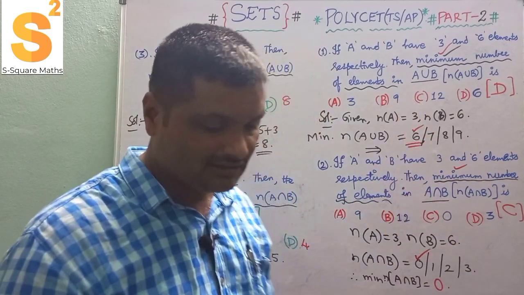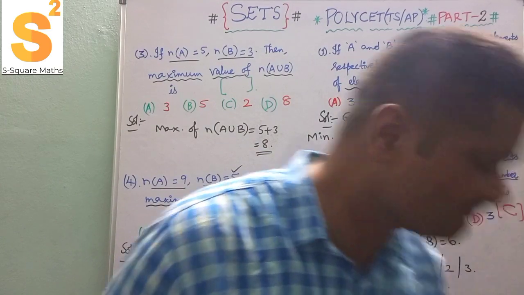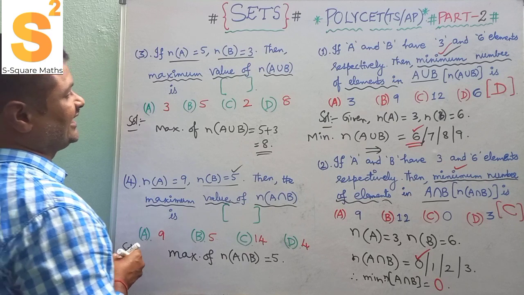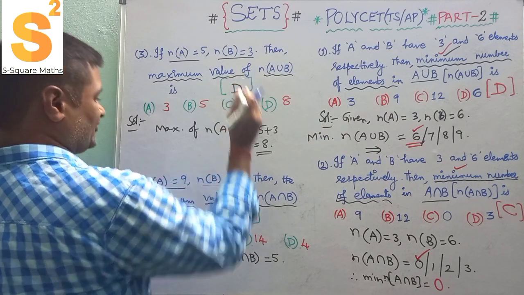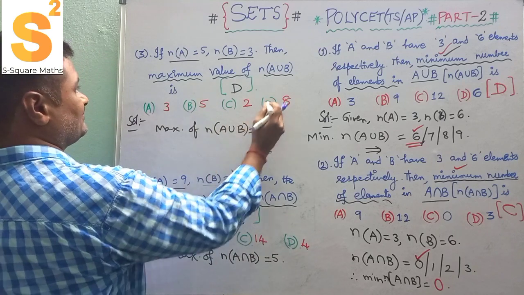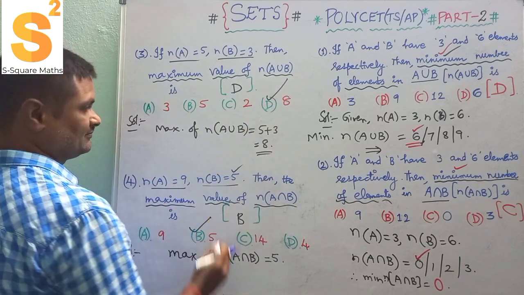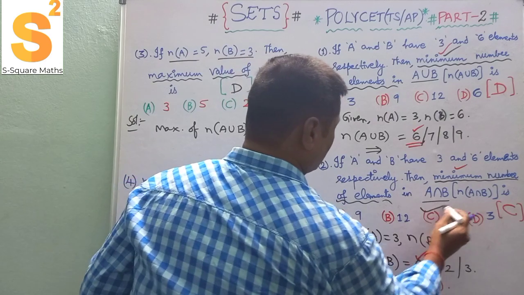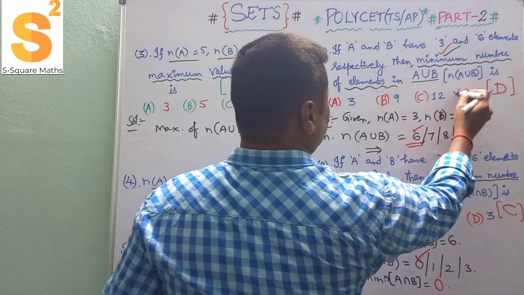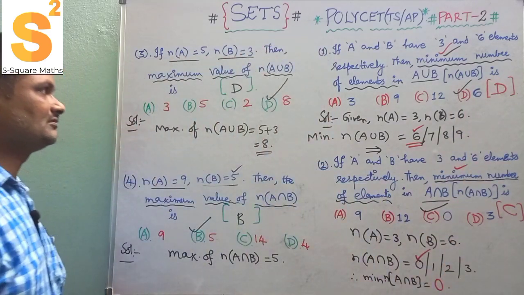So after going through the options, what are the answers we got? 8 stands for our D option and 5 stands for our B option. So here it is the C option and the next is the other one.